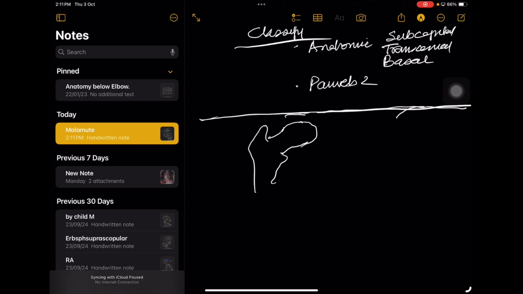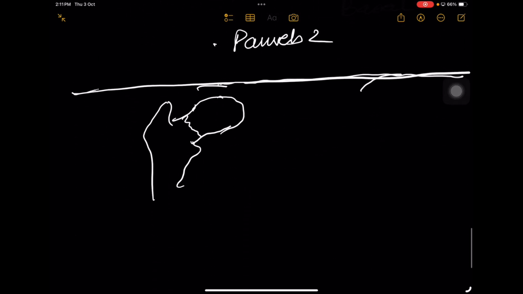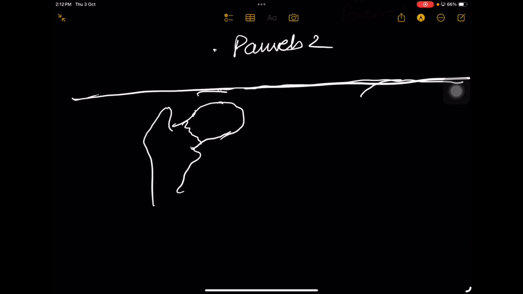This is the head of the femur, and here is the fracture. Then you join the fracture line to this. Now this angle between the horizontal line joining the two acetabulums and the fracture line is called Powell's angle.